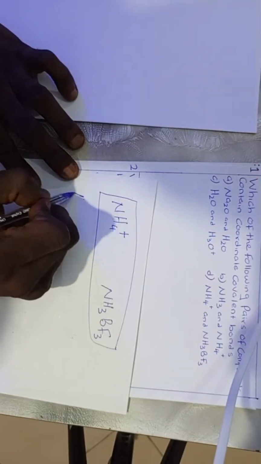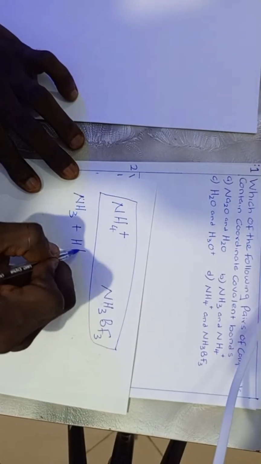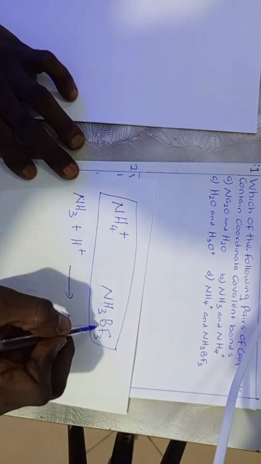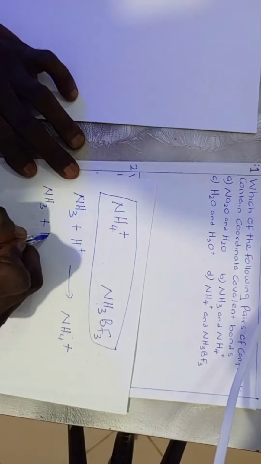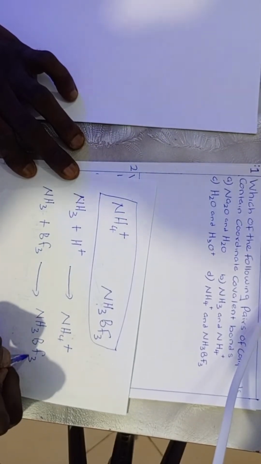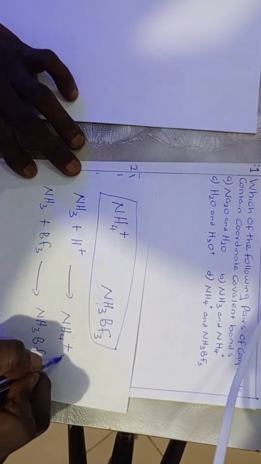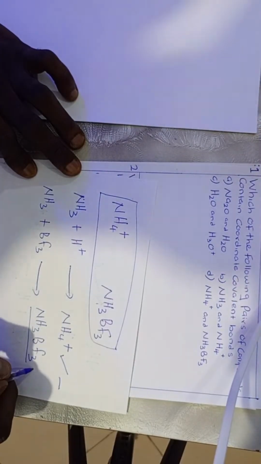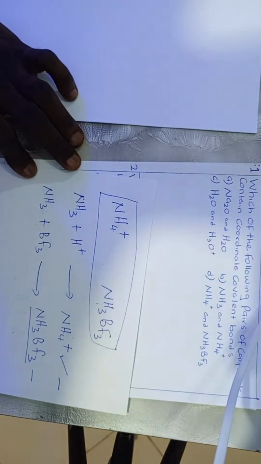Ammonium ion NH4 plus is formed by combining NH3 plus H plus, while NH3BF3 is formed by combining NH3 alongside BF3. So the correct answer to this question is option D, because in ammonium ion we have coordinate covalent bonds, and in this other compound, which is a complex, we also have coordinate covalent bonds. So the correct answer is option D. Let's go to question number 2.